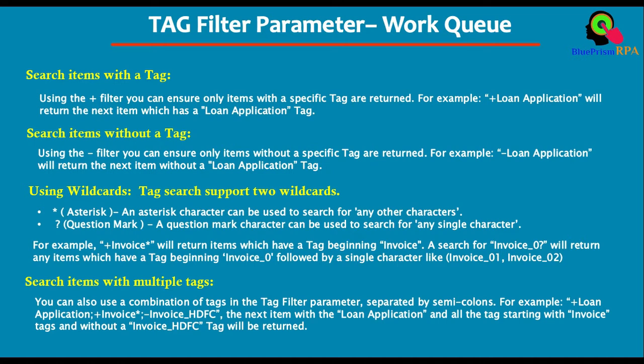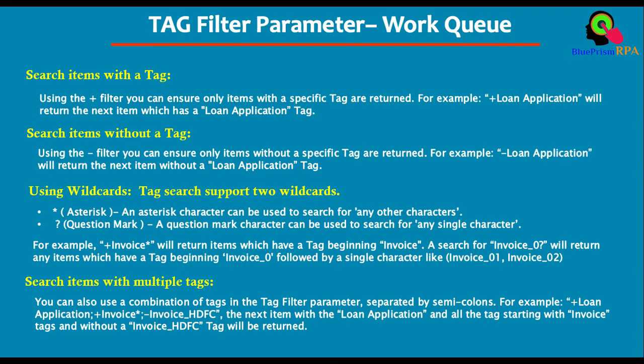So the next item with the loan application tag and all the tags starting with invoice, and without the invoice underscore HDFC tag, will be returned, because here we are using all the tag options from the first three: search item with a tag, search items without a tag, and using wildcards.